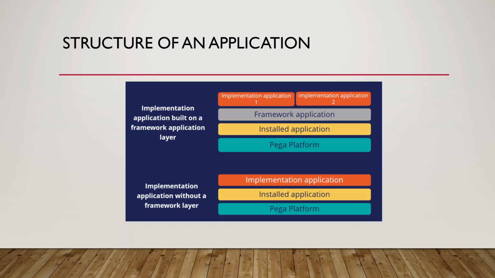Let's consider you want to build a banking application. They have created one framework where they will be selling it. You'll go to Pega and ask them to show you the framework installed applications that are available. For banking applications, it's the framework installed application, and they'll give an overview of it.